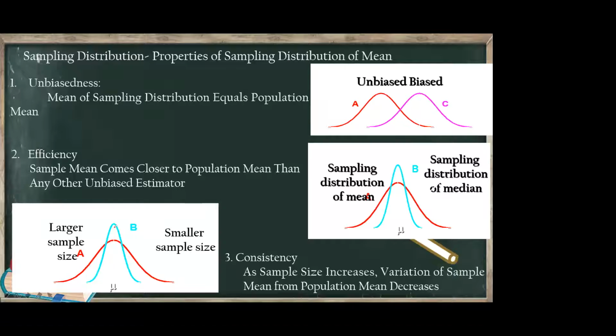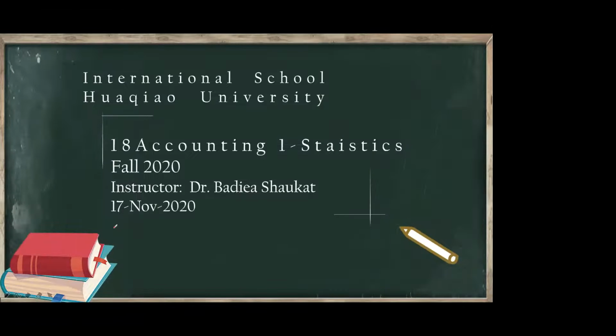And the third one is consistency. As sample size increases, variation of sample means from the population decreases. So that's the thing we have covered already in the last lesson, last Thursday.